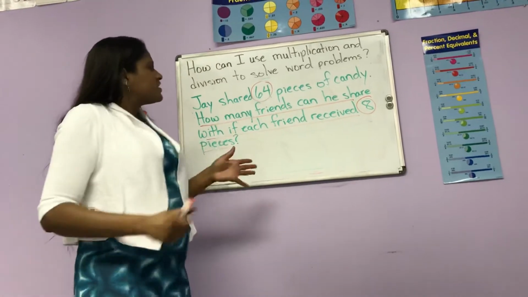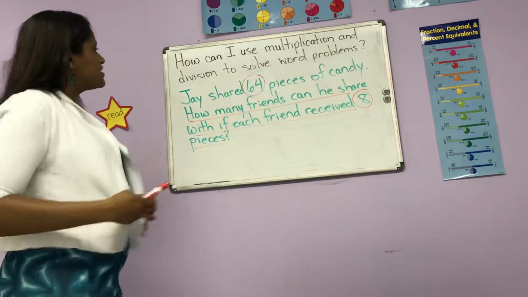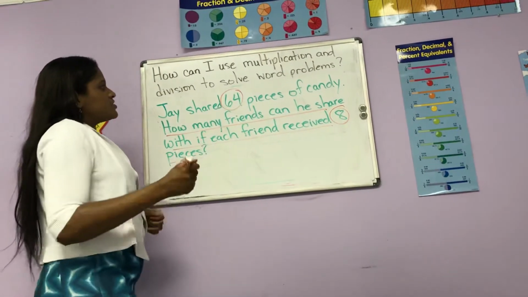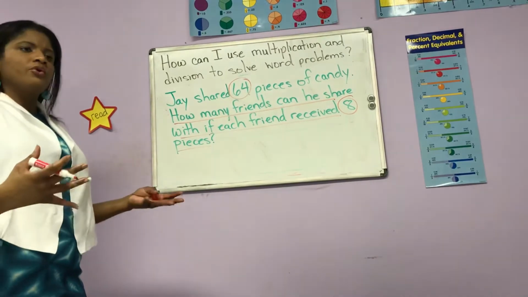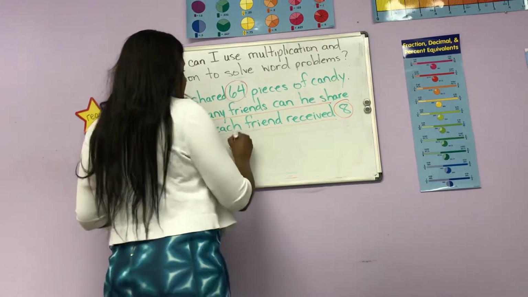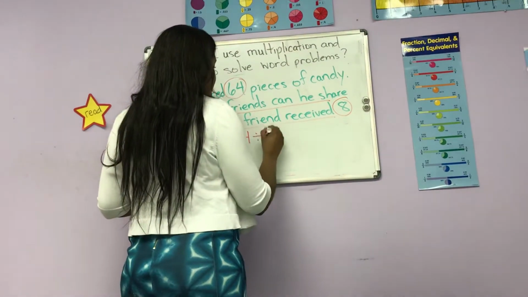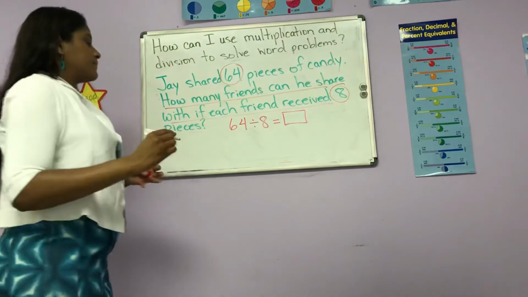And each friend received 8 pieces, but now how many friends did he share with? So again, this tells me this is a division problem because I have the total. So I'm not looking for a product because I have the total. So I need to figure out the other part. 64 divided by 8 equals what?